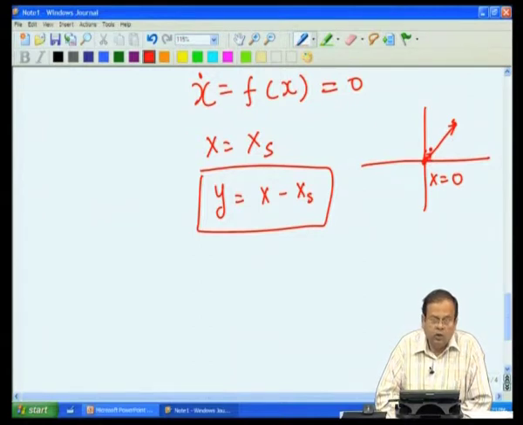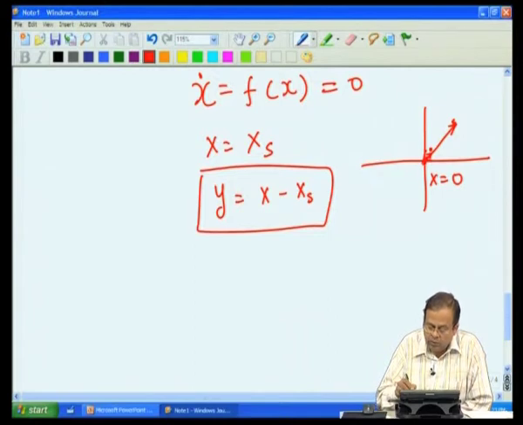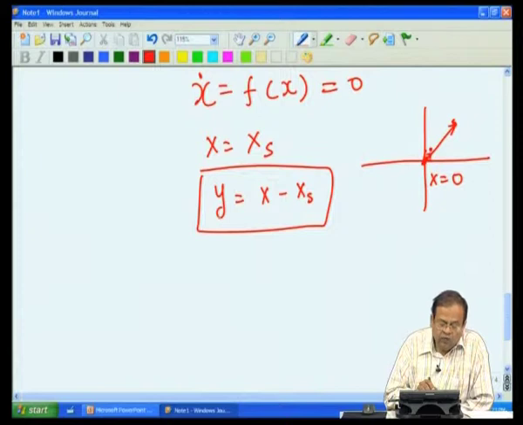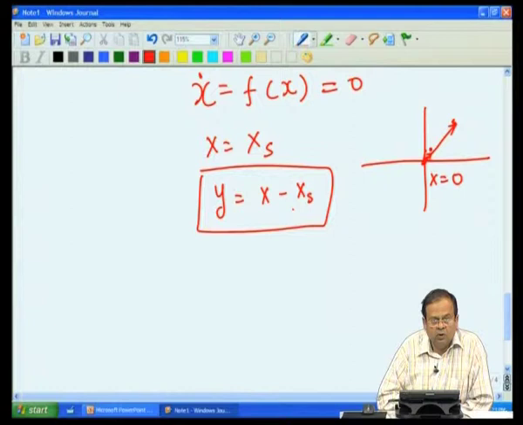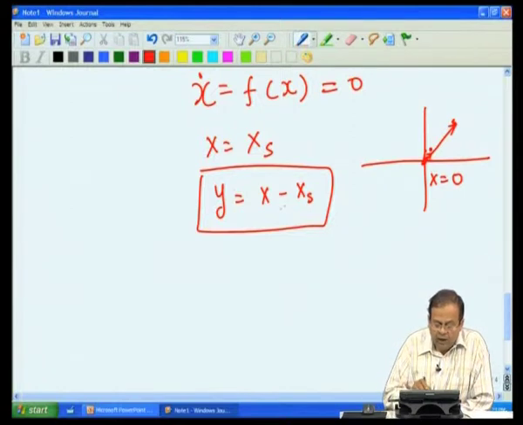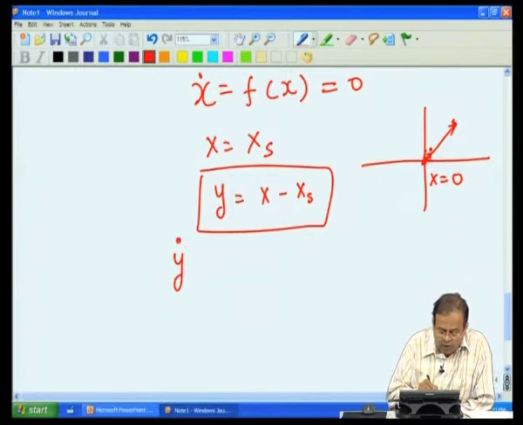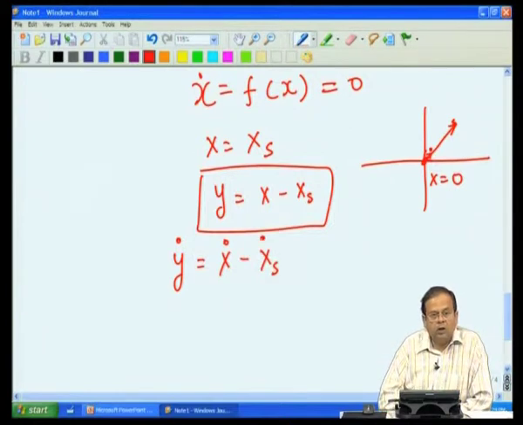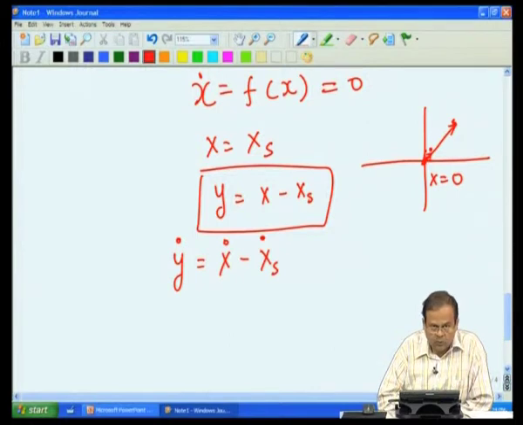So, now in order to keep the discussion with x equal to 0 as my steady state, I am going to define the variable y as x minus x s. Okay. So, if I do that, then I can write y dot as x dot minus x s dot, right.